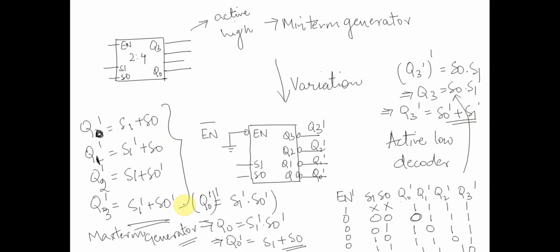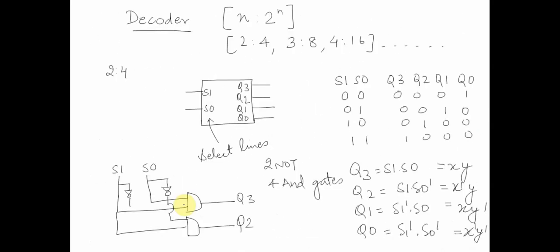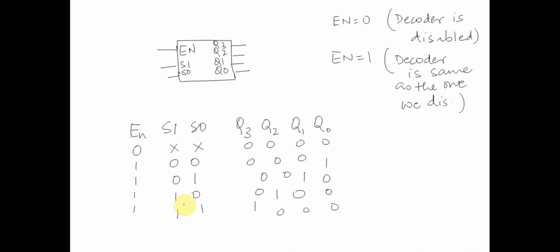So this was all about decoders, where we spoke about what a decoder circuit is, and a 1 to 2 decoder. Then we saw examples of 2 to 4 and 4 to 8, and then we looked at how the decoder is used as a min term generator. We did a variation where we added an enable signal: when enable is 0, all the outputs are 0.